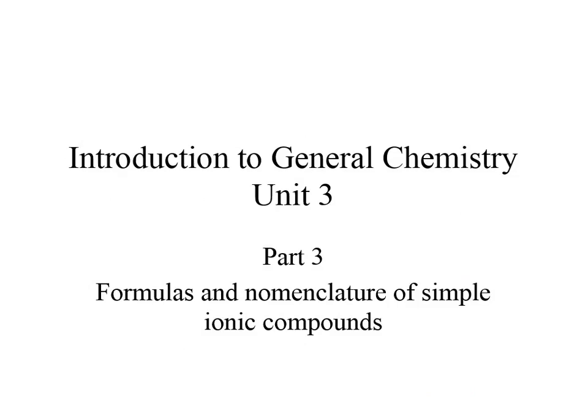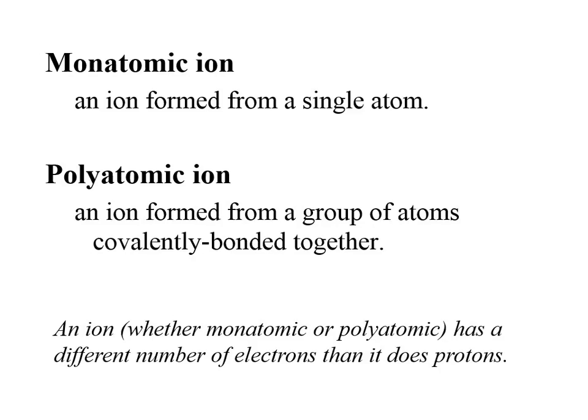Okay, so this should look familiar, hopefully. This is some of the stuff we covered yesterday. Ions that are a single atom that loses electrons, the metals, or a single atom that gains electrons, the nonmetals, are called monoatomic ions. Makes sense, mono meaning one.